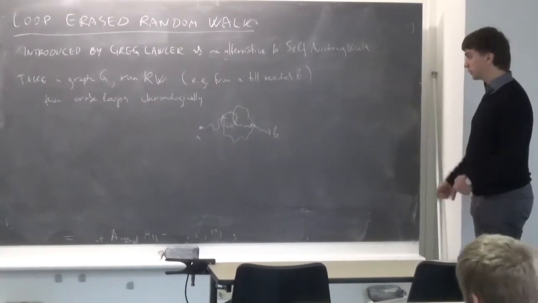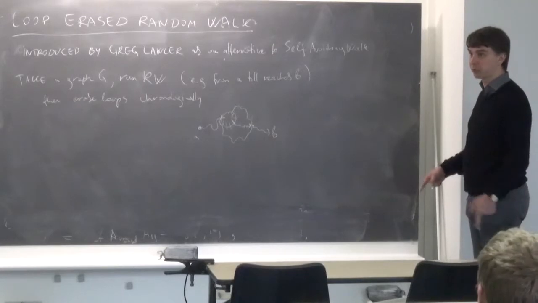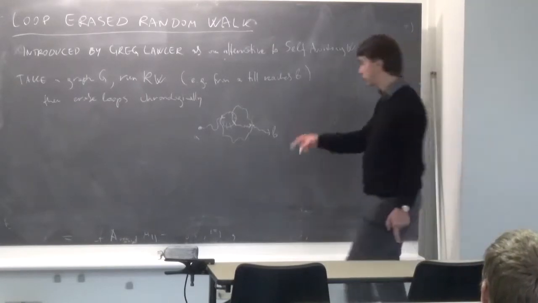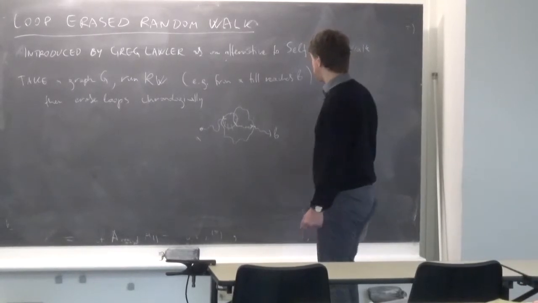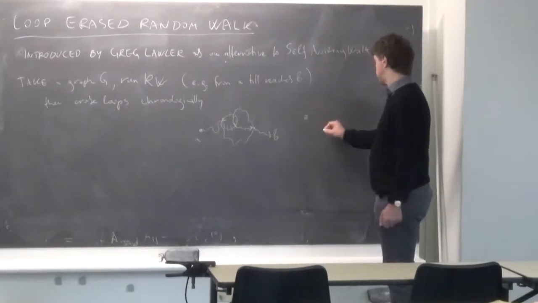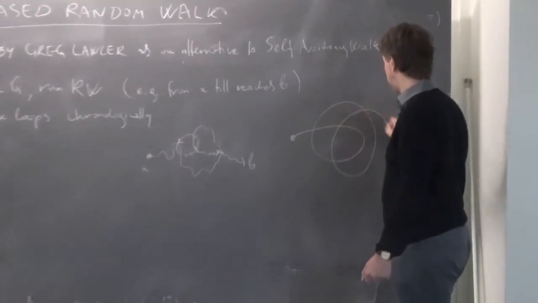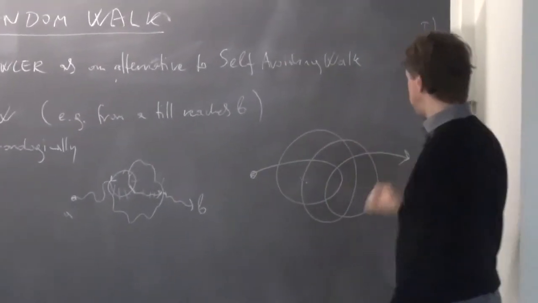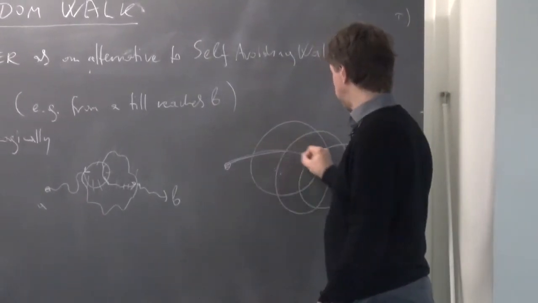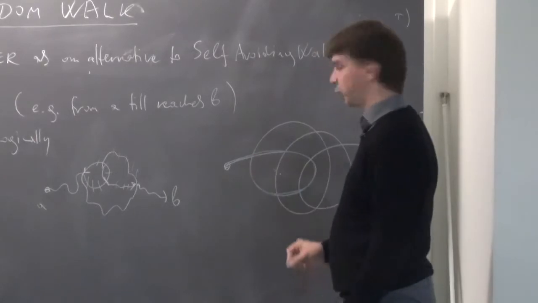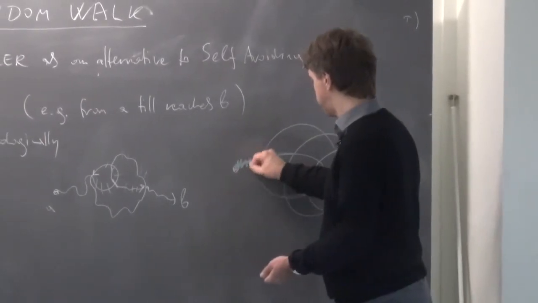So it's not a symmetric procedure. So if you run it from A to B or from B to A, if you draw the same curve, well, in this picture it is symmetric, but let's draw some more complicated picture. So what do we get here? We are drawing, and here we have to loop erase, so this part stays.